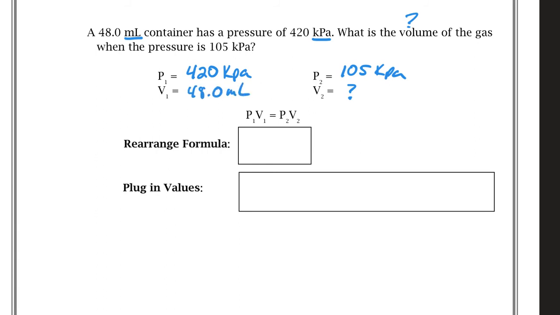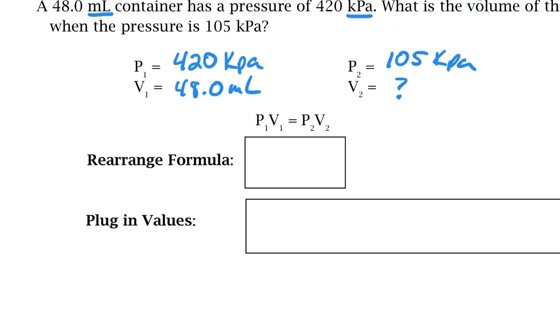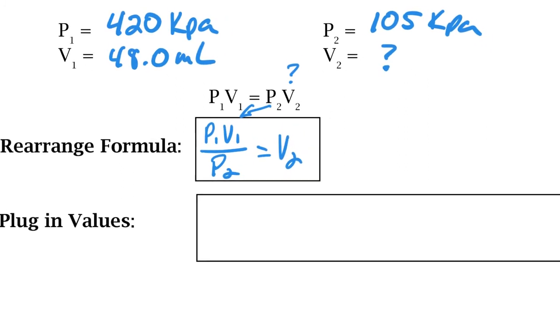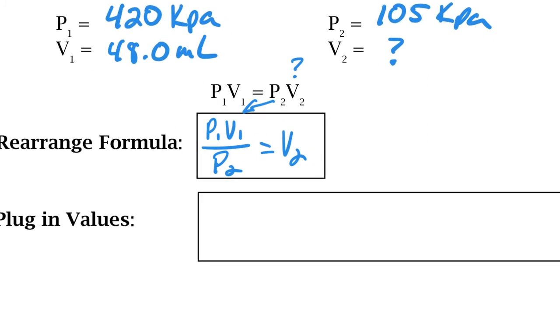So now I'm going to rearrange my formula. My unknown is V2, so I'm going to slide P2 under. This becomes P1 times V1 divided by P2 is equal to V2. Now I'm just going to substitute my numbers in. On the top here, my P1 was 420 kPa.